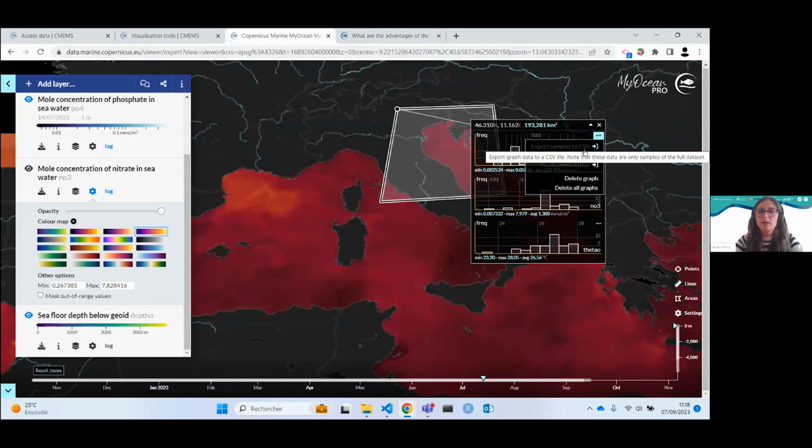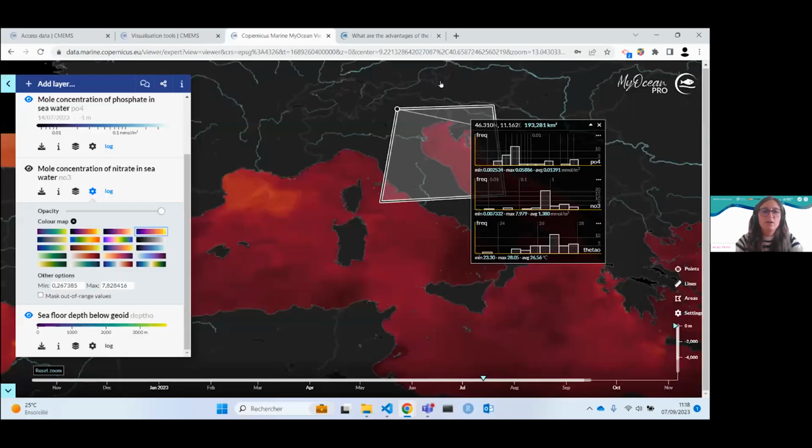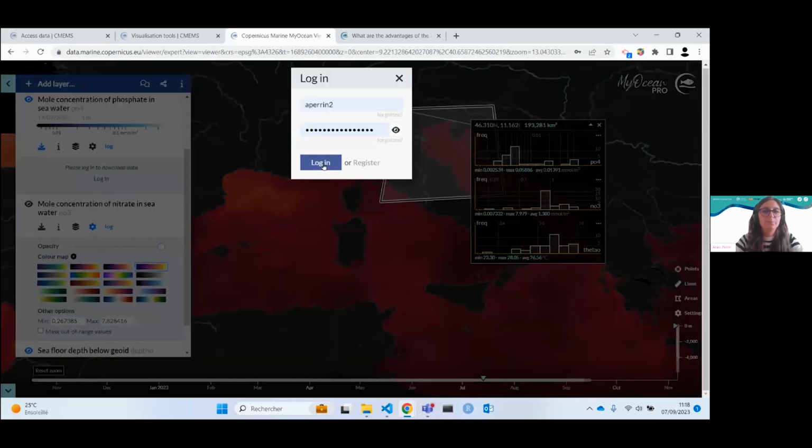So I can try to log in by trying to download a sample of data in CSV format here in the settings, or by clicking the download icon here.